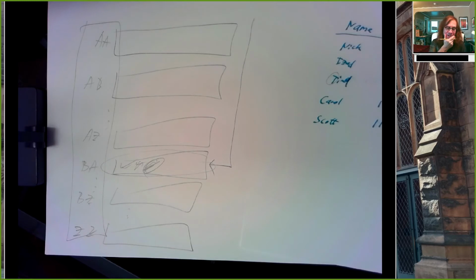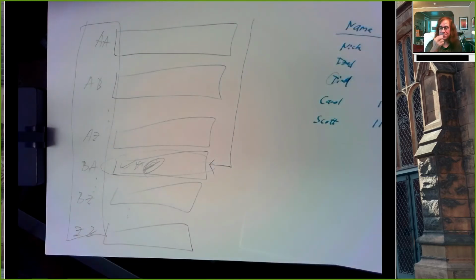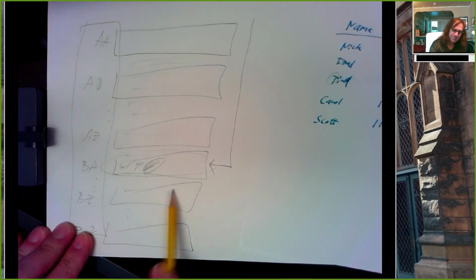Well, I might have a lot of data that has the same first 2 letters, so maybe I want to use the first 3 letters of the name and make an array of 26 times 26 times 26 arrays. Still 2-dimensional, but a whole lot more of these.